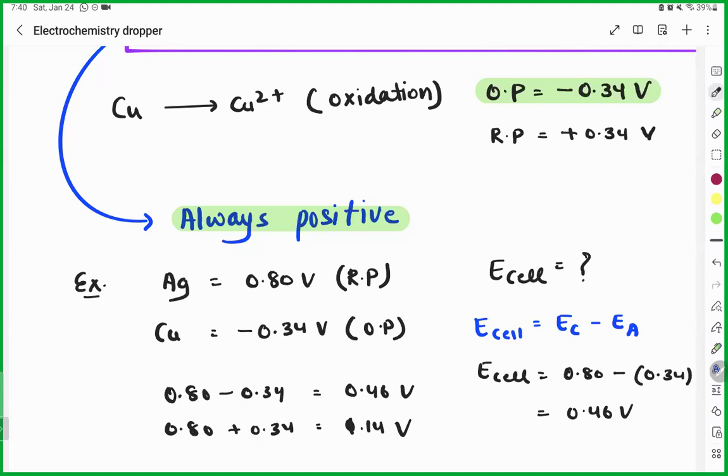Okay, sir. Yes, Rayan, what you wrote in your notes is correct. To avoid three formulas, we are focusing only on one formula: in reduction potential, cathode minus anode. Got it, Rayan? So all the three formulas you have sent are correct.